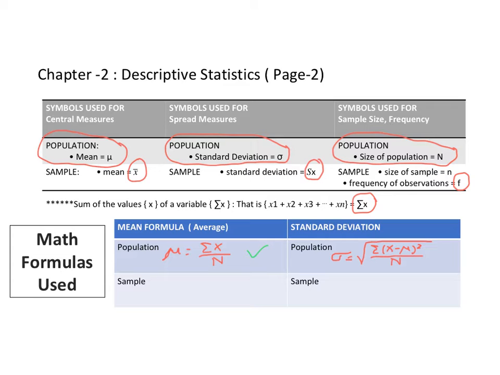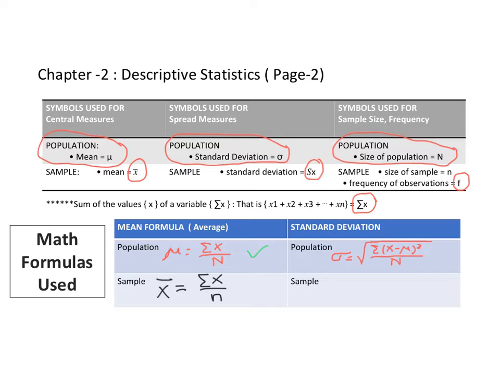So now we have to calculate in our chapters the sample mean or sample average. We call this x bar. So x bar is equal to the sum of all the x's in the sample divided by little n, which is the sample size.